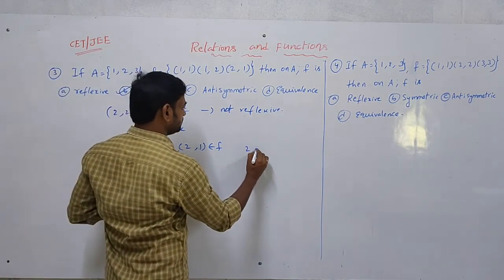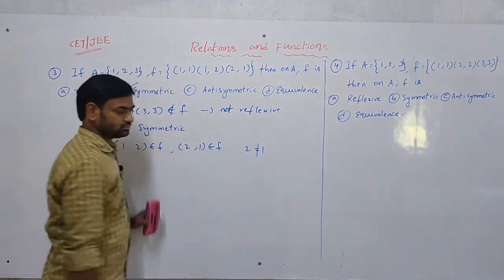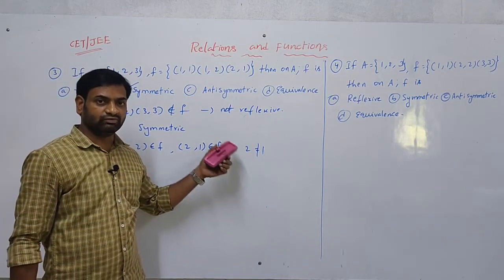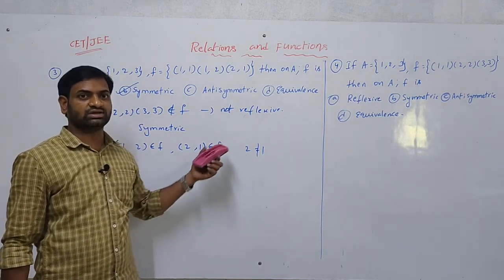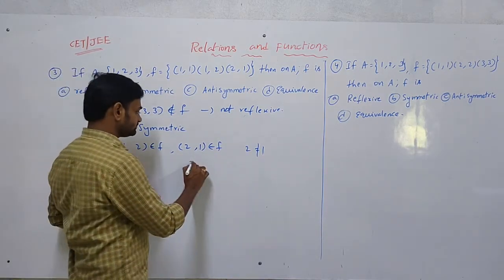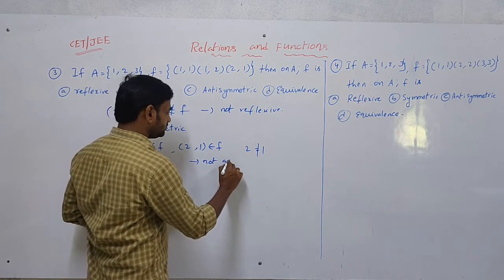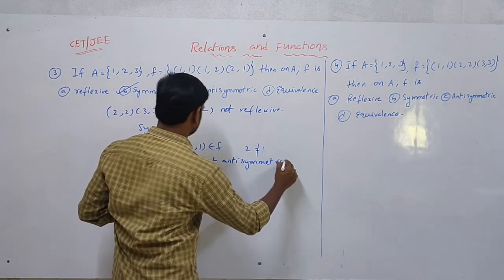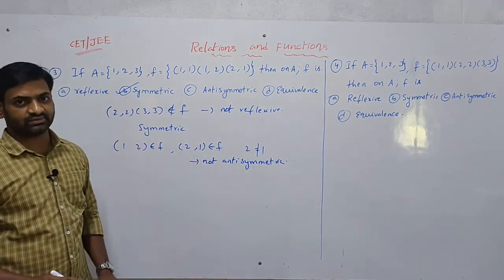Is 2 equal to 1? No. Here we got a not equal to b. If it were a equal to b, then we could say it is antisymmetric. Here 2 is not equal to 1, so it is not antisymmetric. So it is only symmetric.